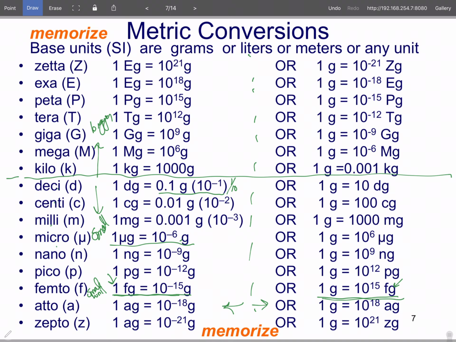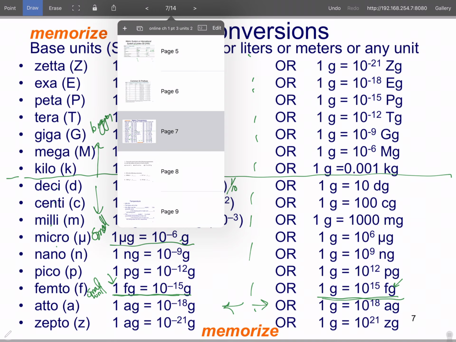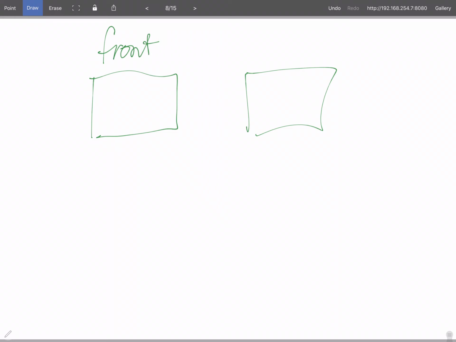So the trick is that if it were me, and I'll go ahead and add a slide here, I would use an index card, and you can do the front and the back, and you can do this a variety of different ways. So I'll pick on nano. It doesn't matter if you're using meters, liters, or grams.